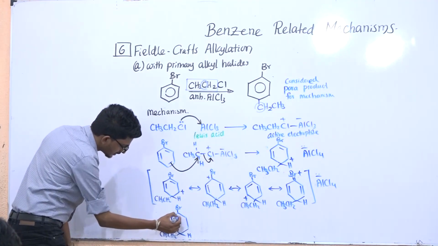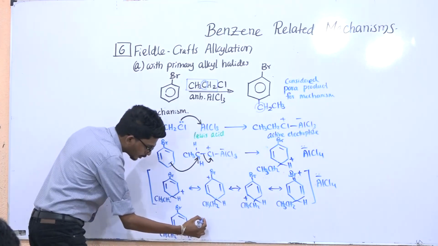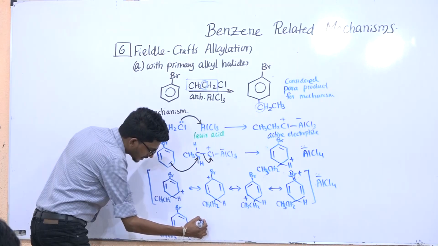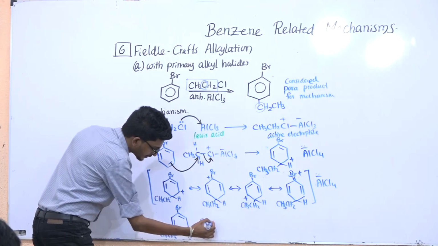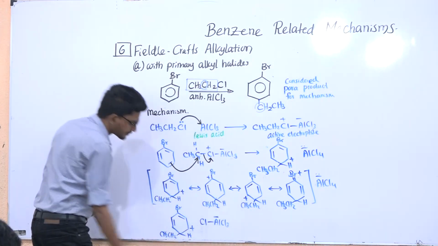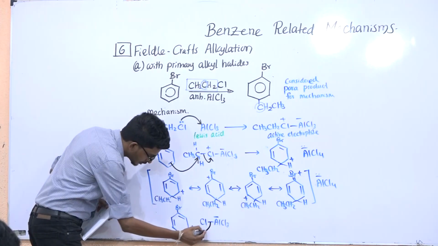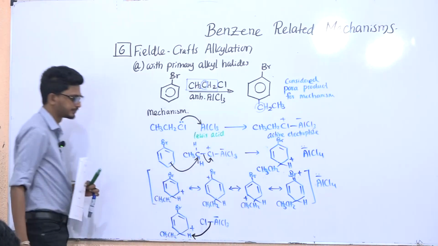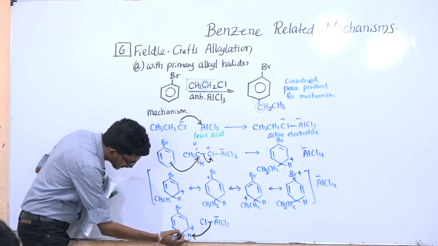This is positive, so what will happen? The AlCl4 minus will attack this hydrogen, so that these bonding electrons will go to here.